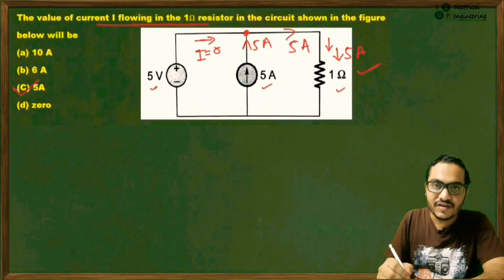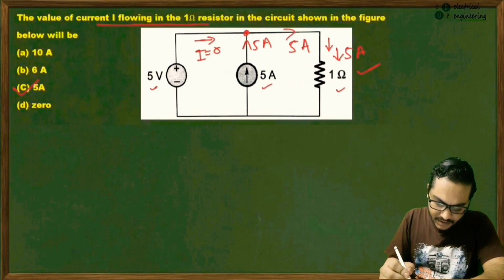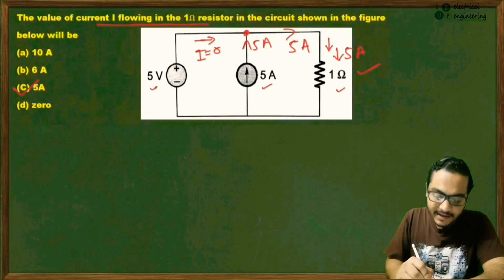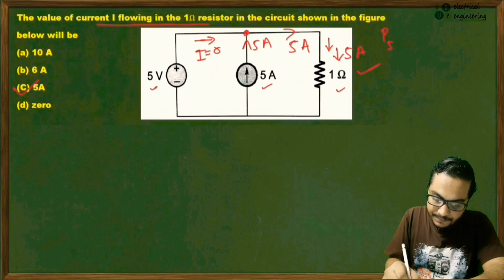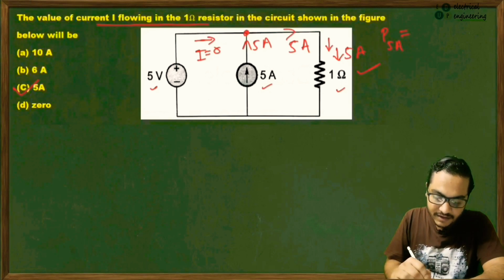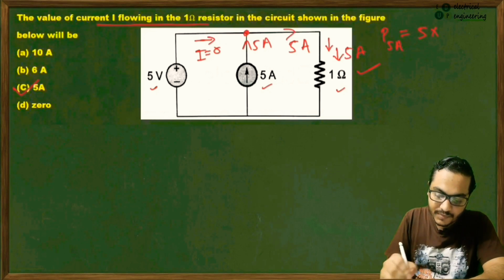We can also check this question by using the conservation of power concept. How? See, the power supplied by this 5 ampere source is how much? It is the voltage times its current. The voltage is 5 volt, so 5 volt into 5 ampere is 25 watt.